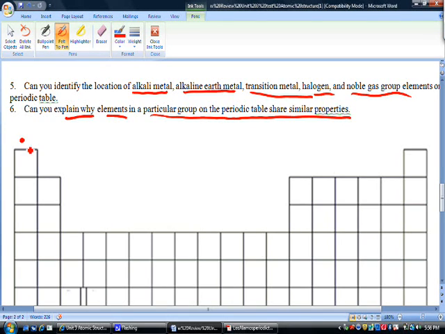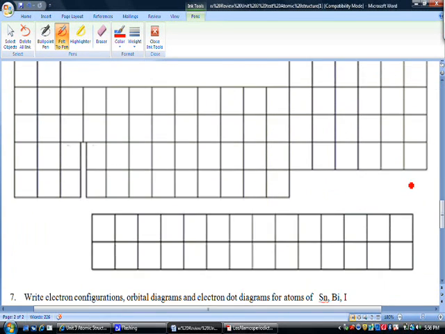All of these have one electron dot, all of these have two, all of these in this column have 3 electron dots, everything in this column has 4, everything here has 5, everything here has 6, everything in this group has 7, and everything in this group, once you get below helium, has 8 valence electrons, 8 electrons in the outer shell. And remember, we've also studied their electron configuration notation and things like that.